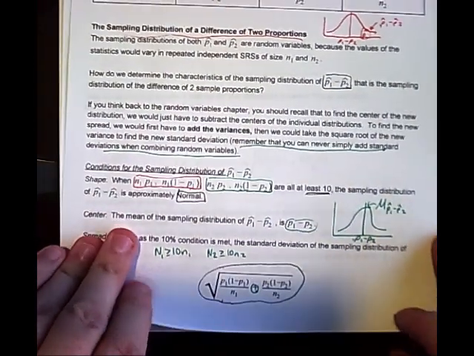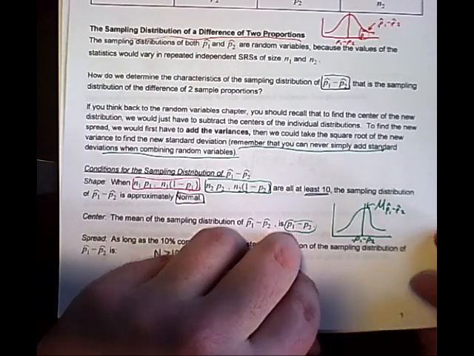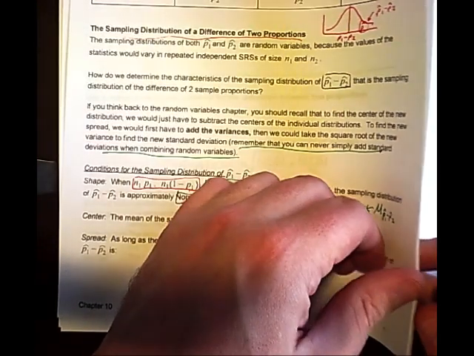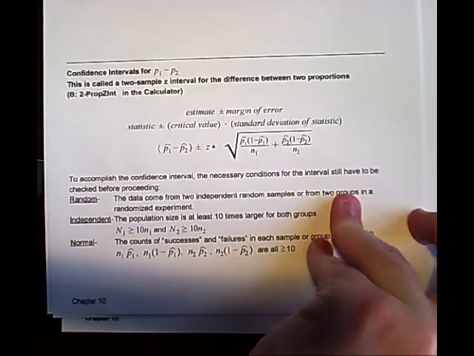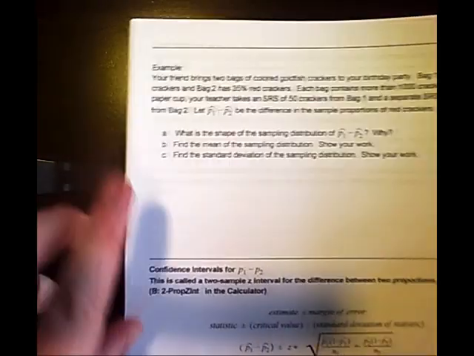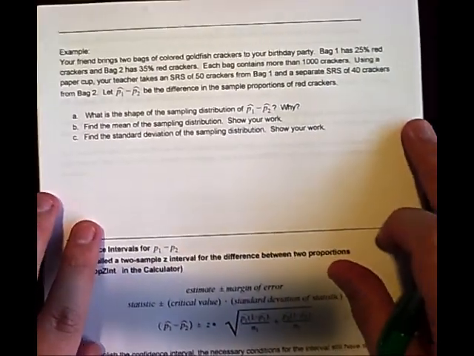All right, so the best way to learn this stuff is by looking at an example. So here's the example. It says your friend brings 2 bags of colored goldfish crackers to your birthday party. Bag 1 has 25% red crackers and bag 2 has 35% red crackers.